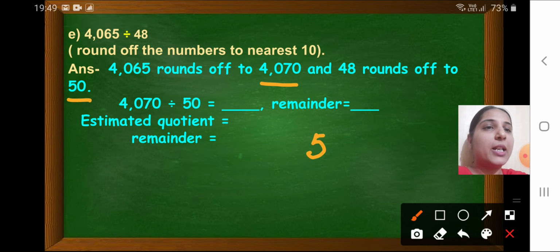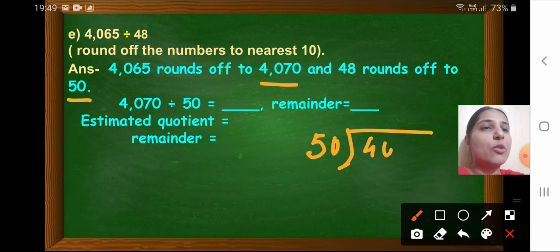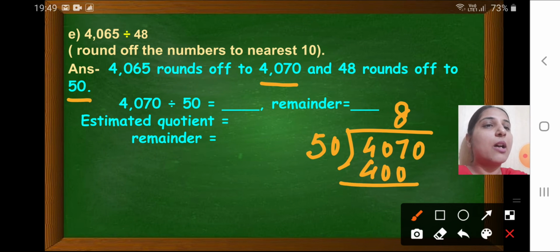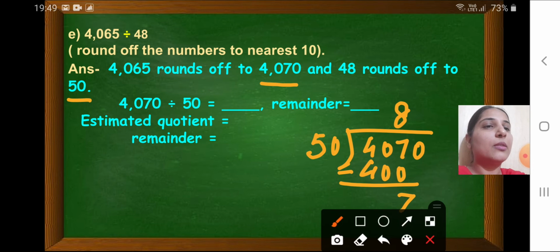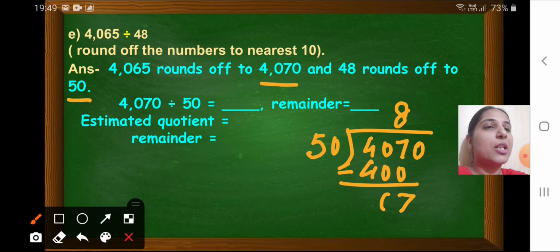Okay. Now we will divide to get the estimated quotient here. So 50 here we will write, and there we will write 4070. So 50 8s are 400. Okay. Now we will subtract. So 7, 0 minus 0, 4 minus 4, 0. Now we'll bring down the next digit, which is 0 here.